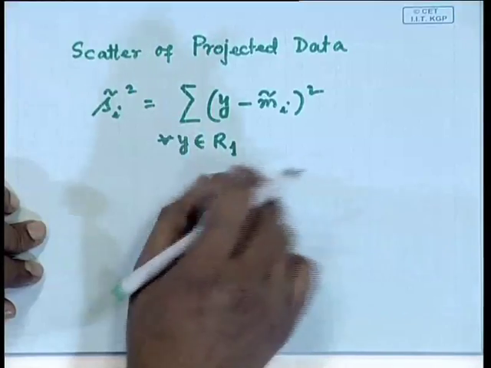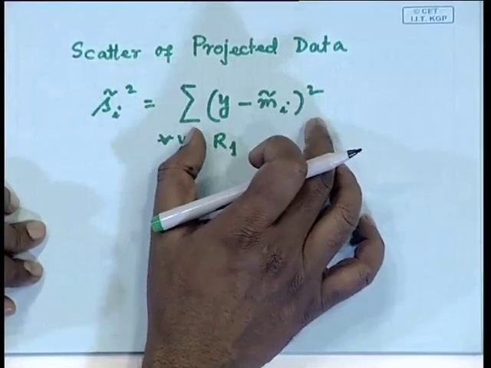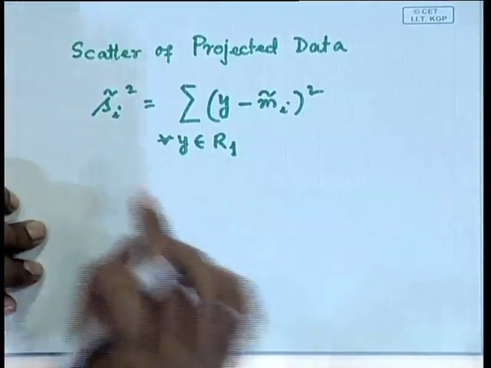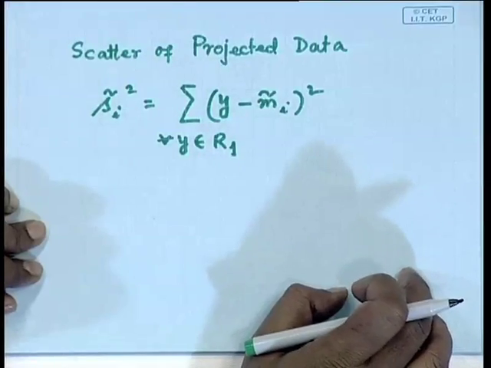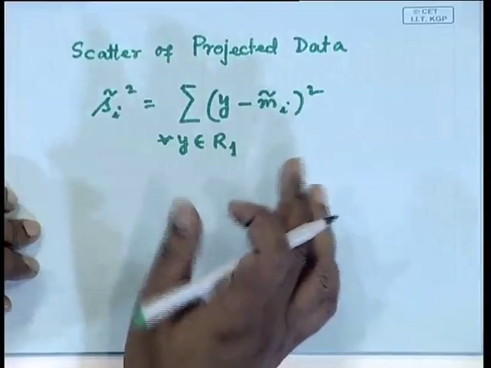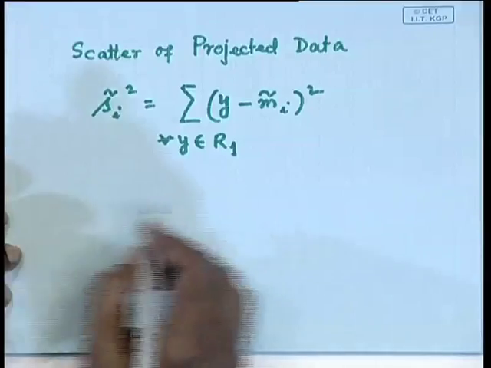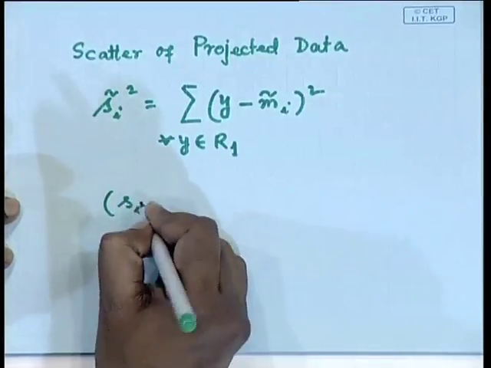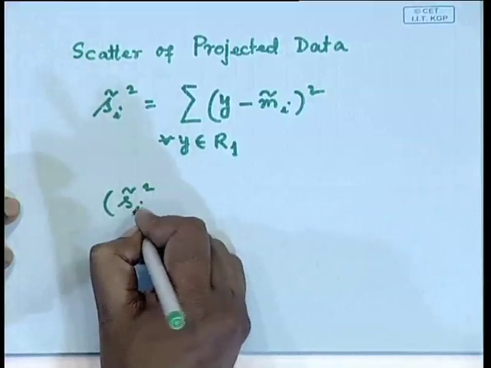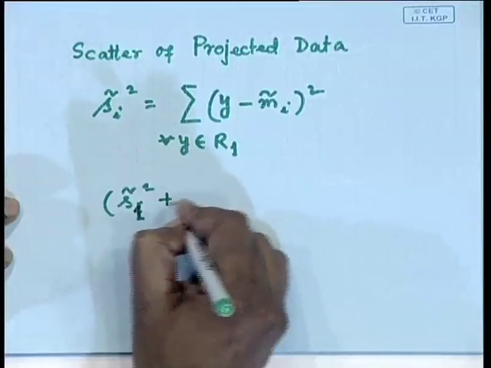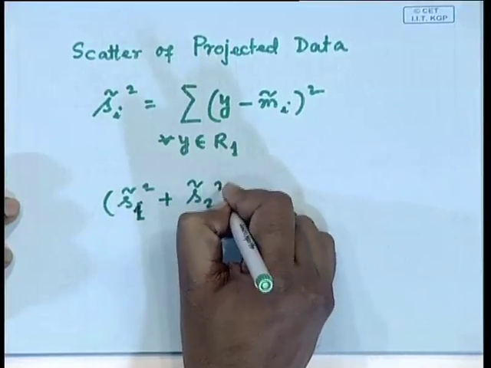Okay. So, when I define such a kind of scatter for the samples belonging to set R i, or the samples taken from class omega i, then I can define the total within class scatter. Okay. So, that total within class scatter will be nothing but S i tilde square, or since we are considering only two classes, let me make it S 1 tilde square plus S 2 tilde square.